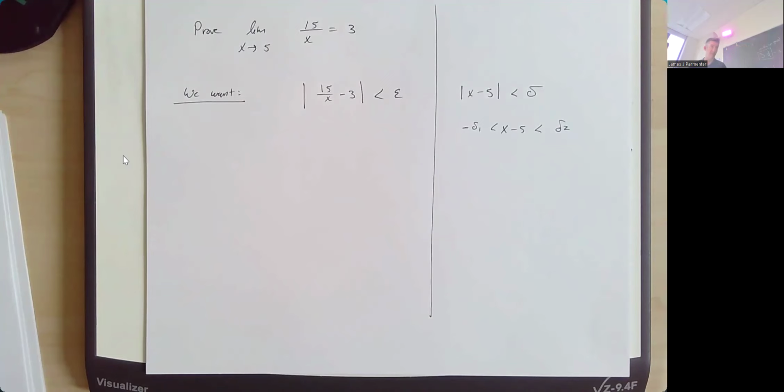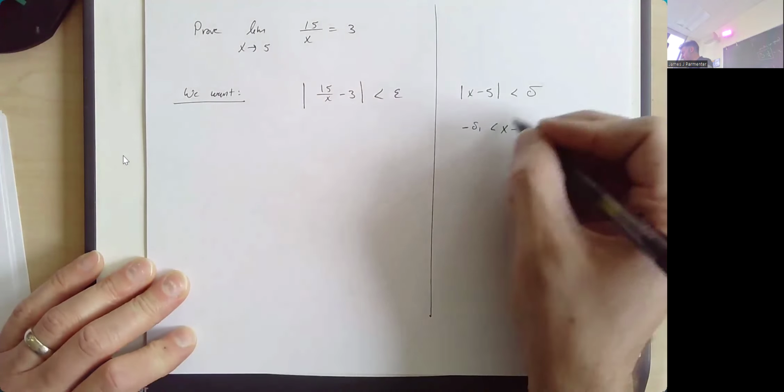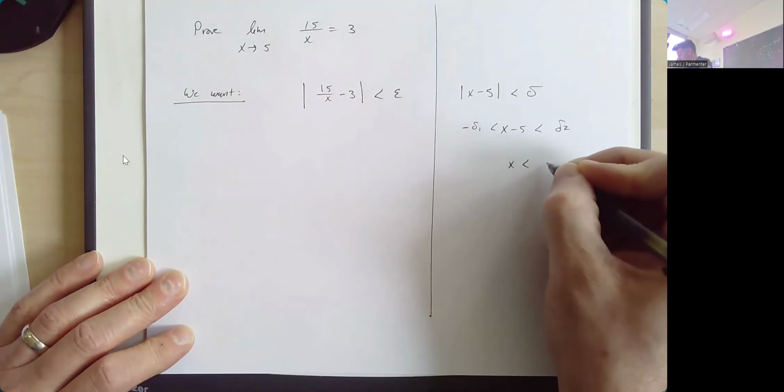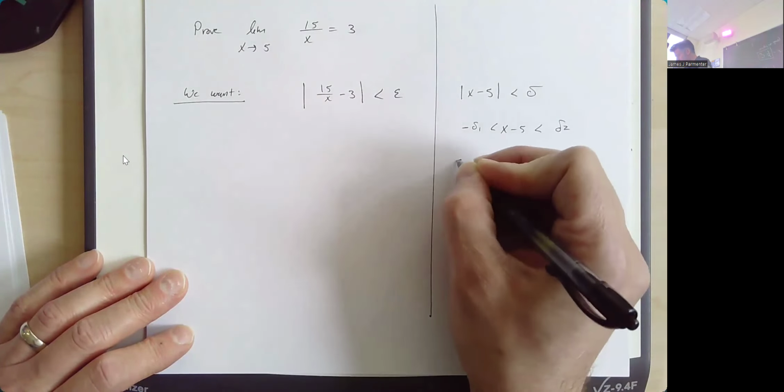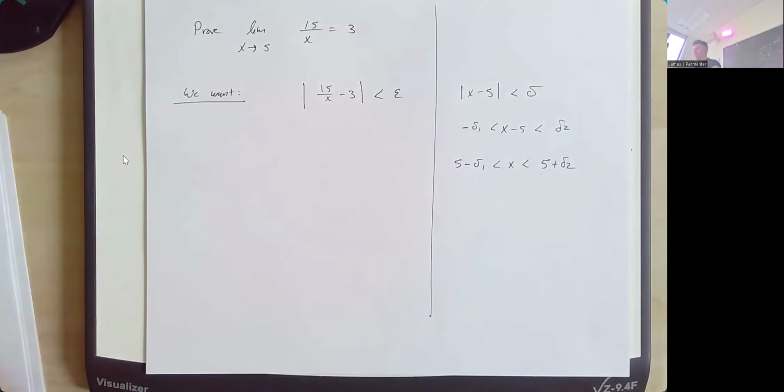They're always going to be different values if you have something non-linear. That's just the way it goes. And then we would isolate x and say x is less than 5 plus delta 2 and bigger than 5 minus delta 1. So x is either delta 2 to the right of 5 or delta 1 to the left of 5.